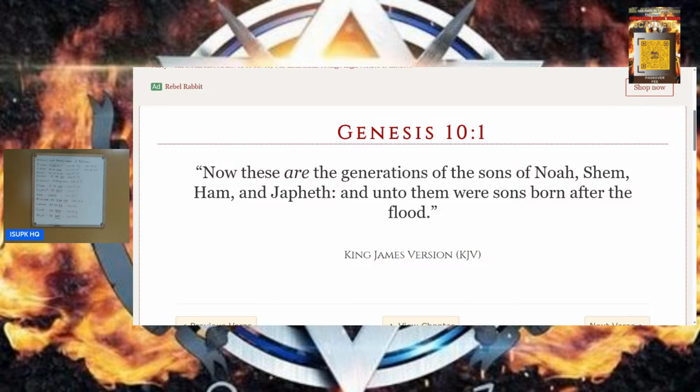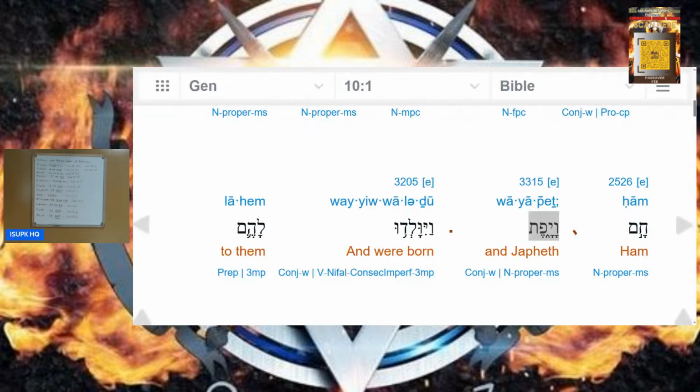And you will see Japheth. You can see I highlighted it. It's Yapath, but there's a Wah in front of this. That's what the and is. So this is actually saying and Japheth, or and Yapath. So it's Wah, Ya, Pa, and Th. Wayapath, so that means and Japheth.